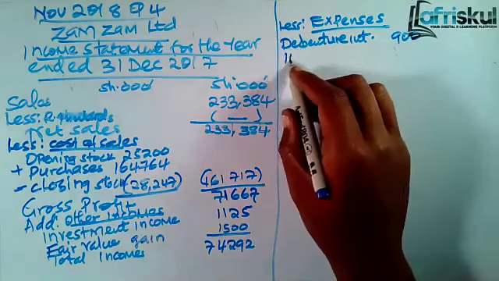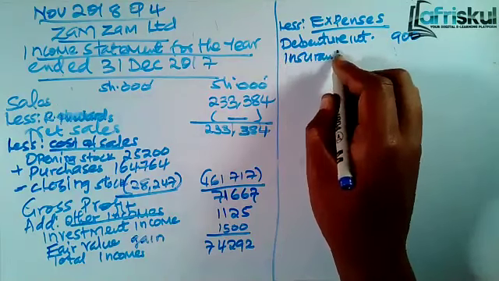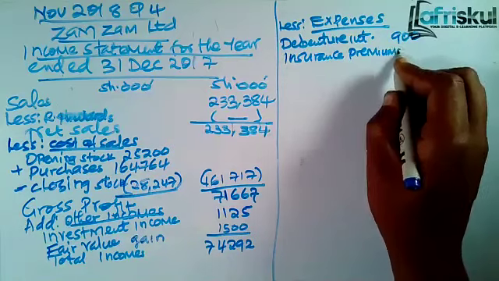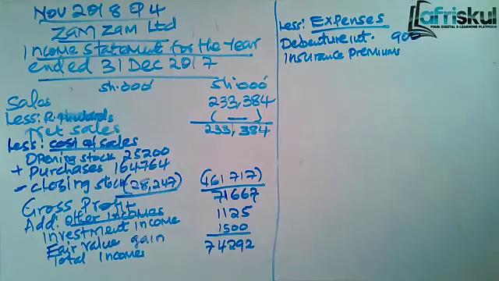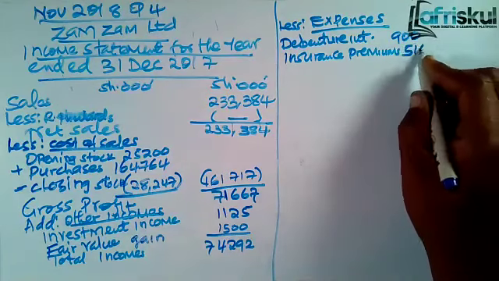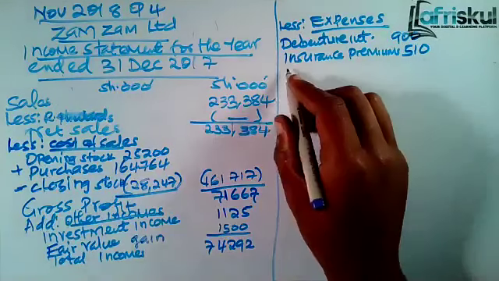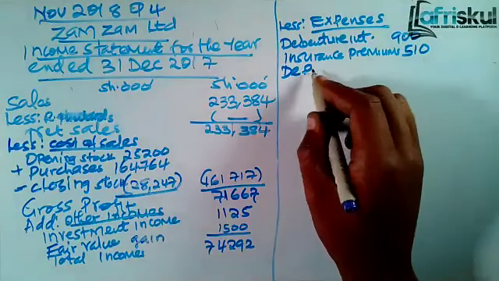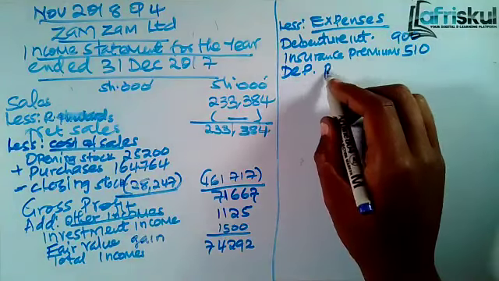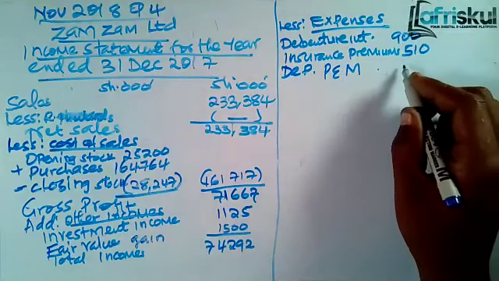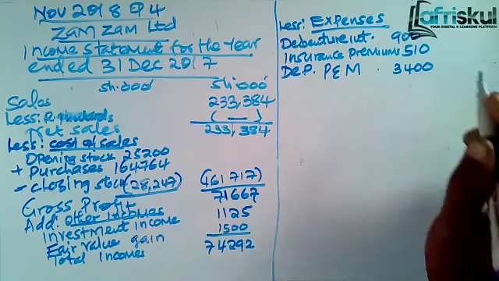We have also insurance premiums, as we've also done on the additional information number 4, and it is giving us 510. Then we'll also have the depreciation. I begin with the plant and machinery, which is 3,400 as we've computed.